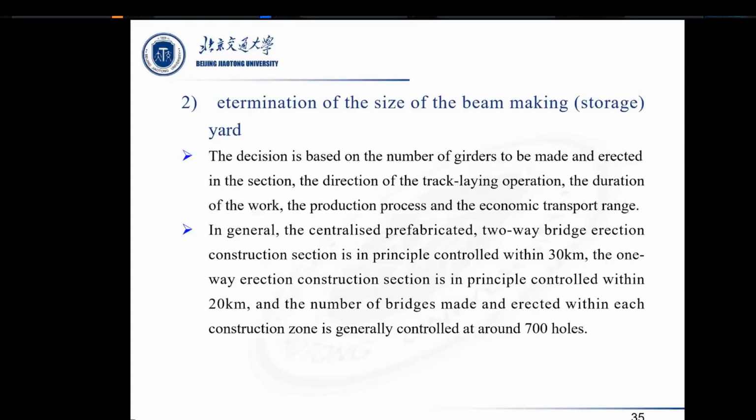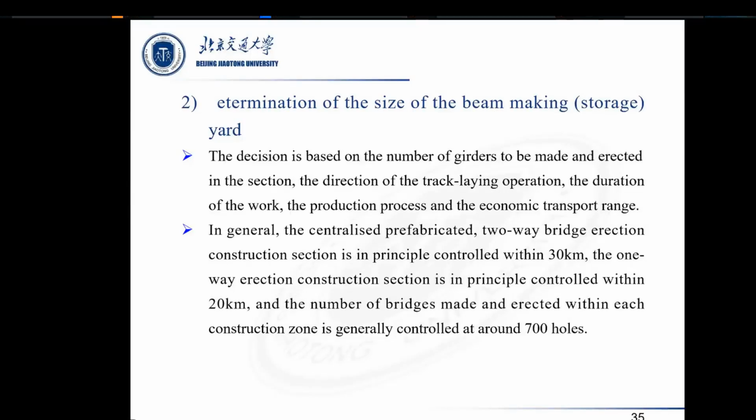A short transportation distance can ensure the safety of the precast girders. The scale of the beam making yard should be determined according to the number of girders made and erected in the construction section, the direction of track laying operation, the duration of work, the production process, and the economic transportation range.